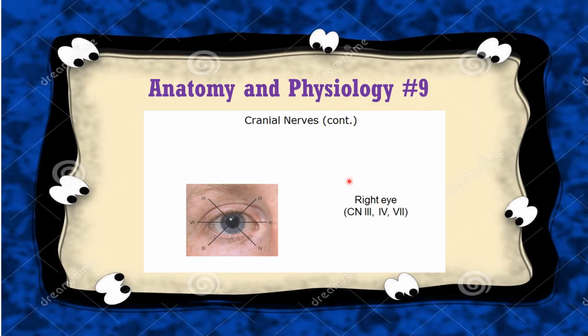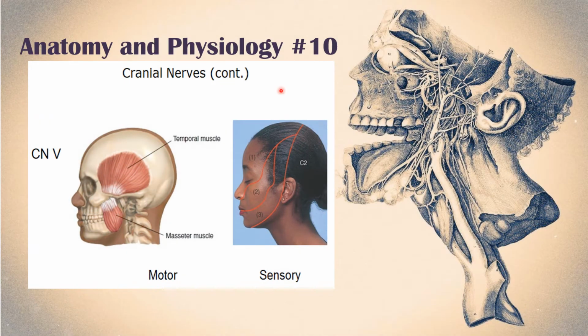Okay, so this is just an image of the cranial nerves number 3, 4, and 7 that are involved in the activity of the eyes. Another example is the cranial nerve number 5, the trigeminal, that is involved in motor and sensory function.